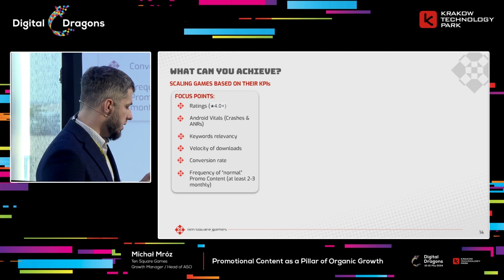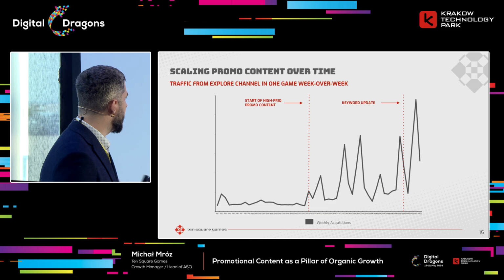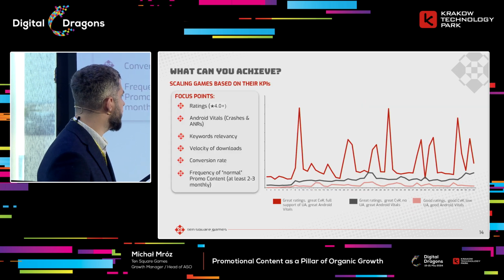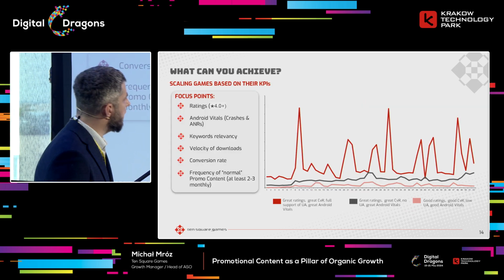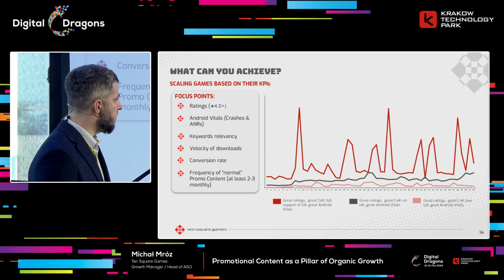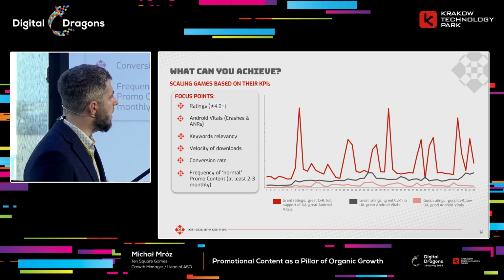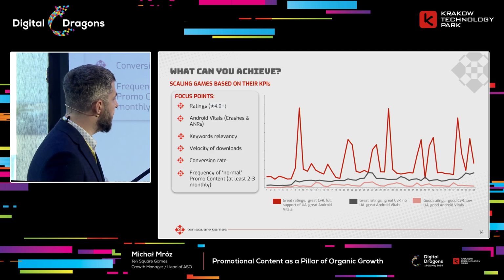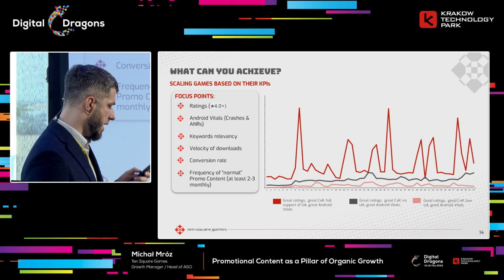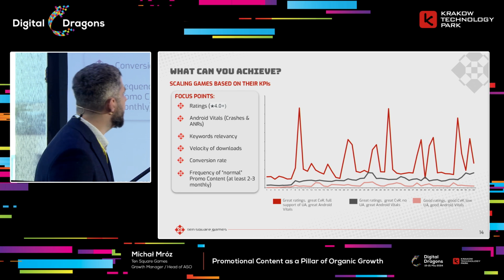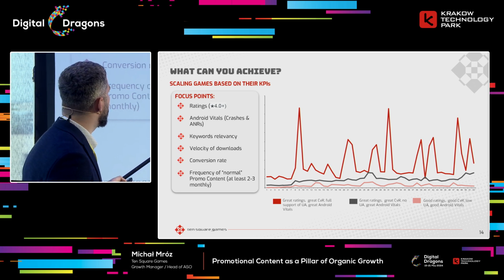And yeah, well, let's go to the chart. This is the first chart, and here you can see different kinds of games from our portfolio and how they performed because of the different kinds of support they had. For example, with the dark red, you can see a game that has very good quality.